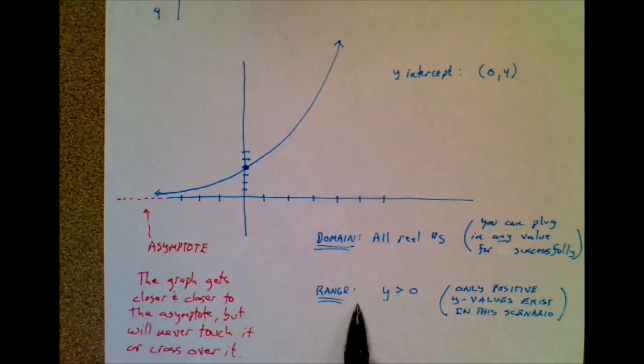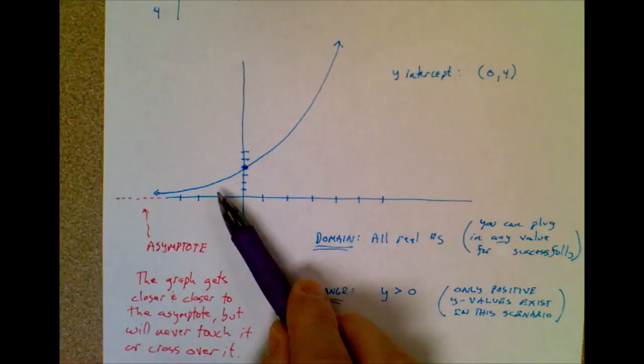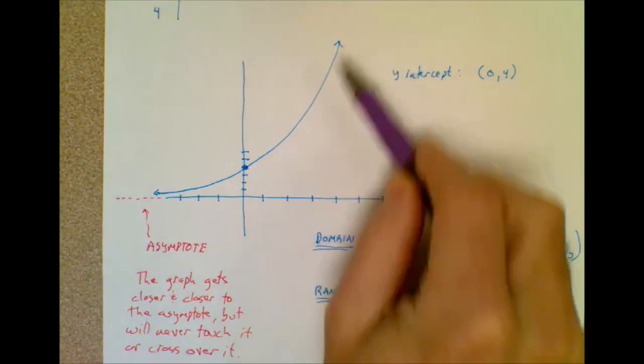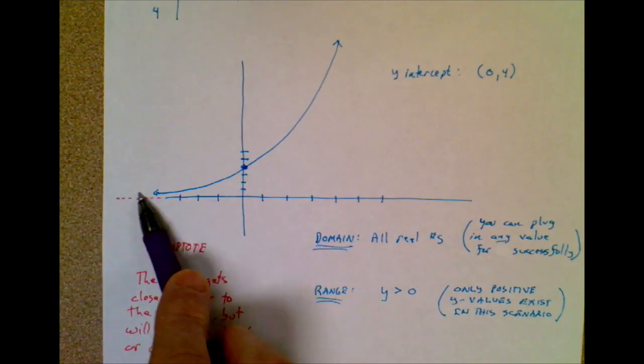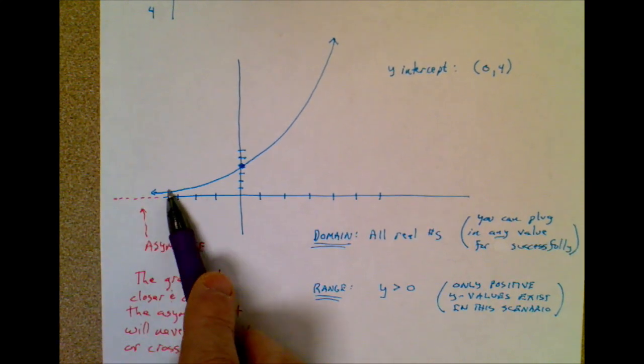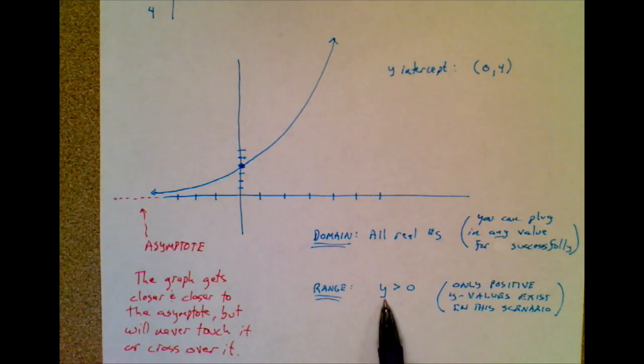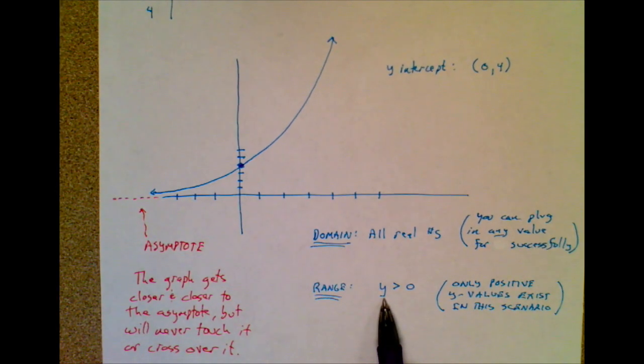The range, which is the y values, in this case, my function continues to go upward forever, and as it goes to the left, it gets closer and closer to this x-axis, but it'll never cross over the x-axis. So the y values always stay in positive territory, or they're always larger than 0.